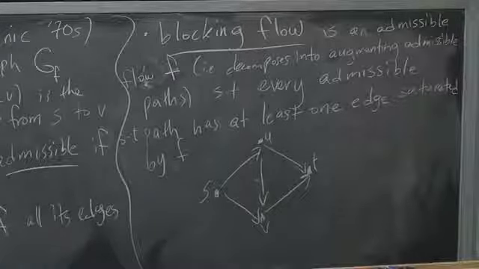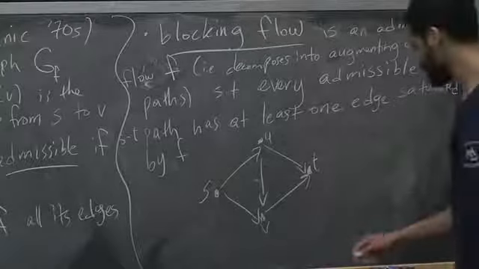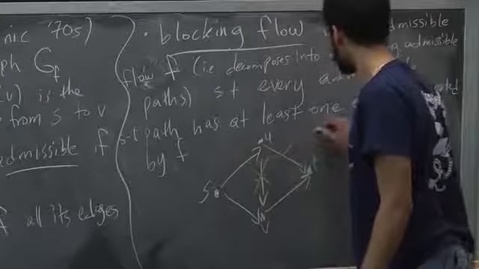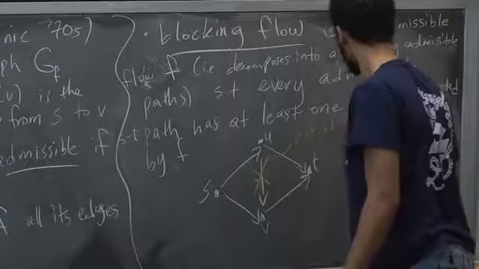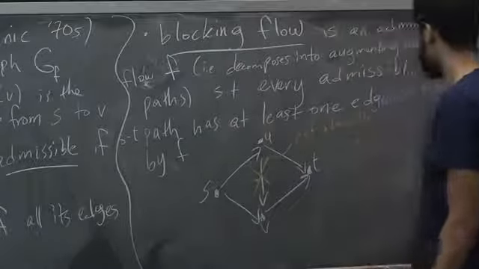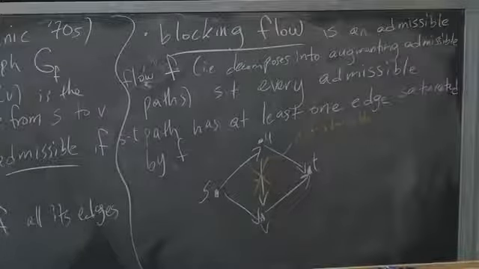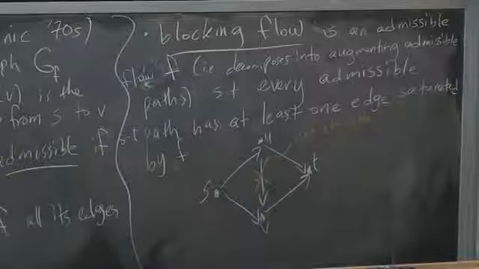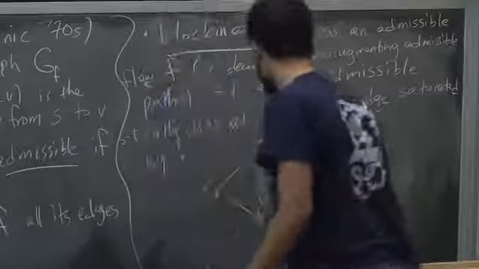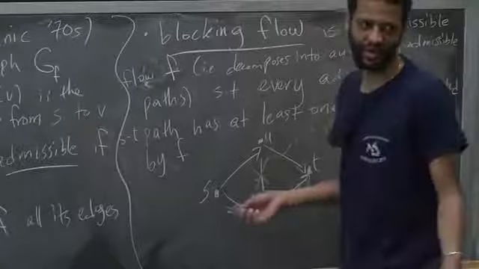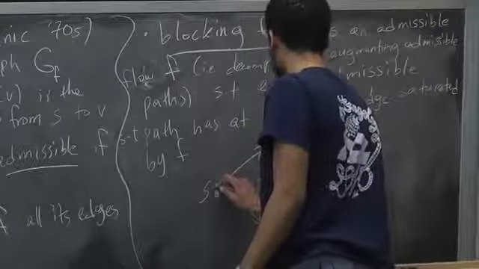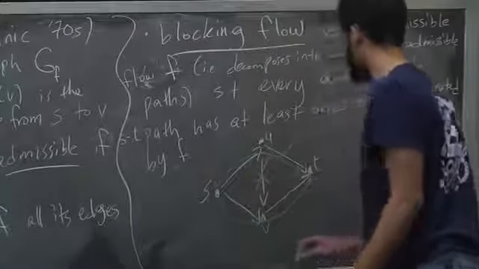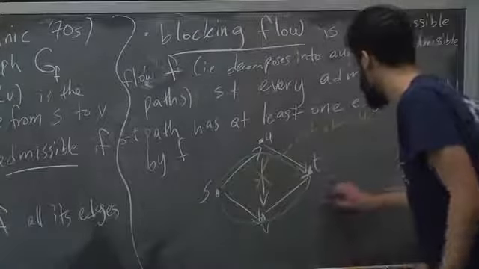Yeah, so this edge here is not admissible. One example of a blocking flow: certainly a max flow is a blocking flow. So one example of a blocking flow is that green flow.